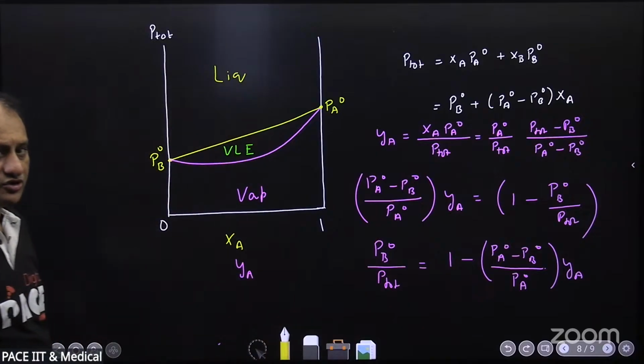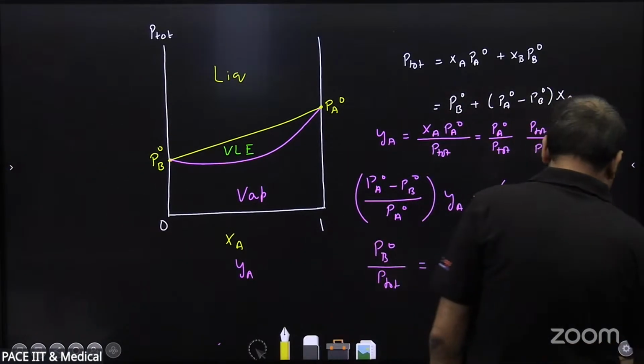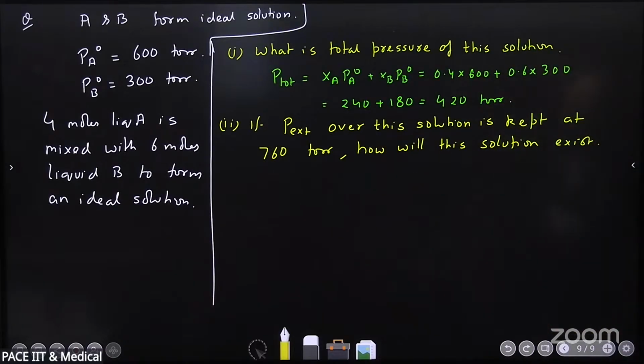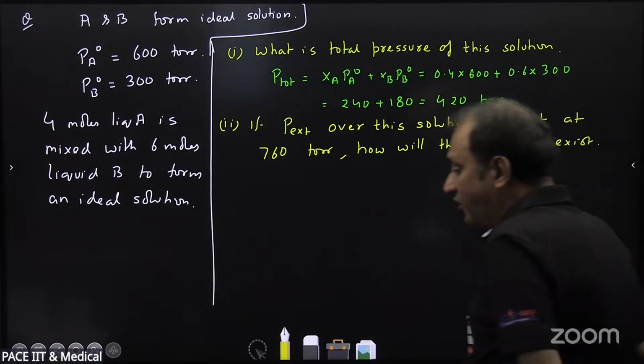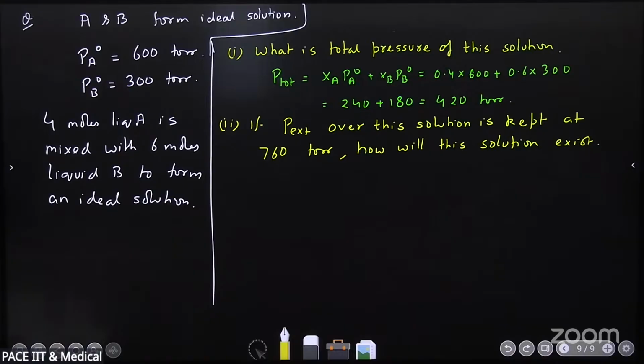This is what I was talking about in this graph. Now, how much pressure can this solution exert? Only 420 torr. But how much external pressure are we keeping now? We are keeping an external pressure of 760 torr.